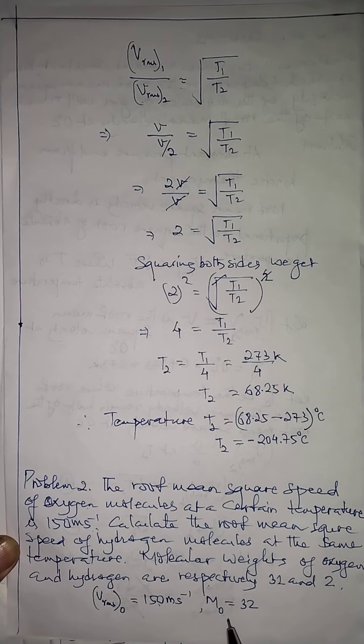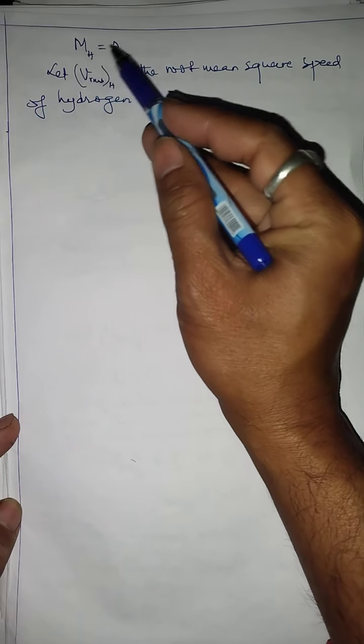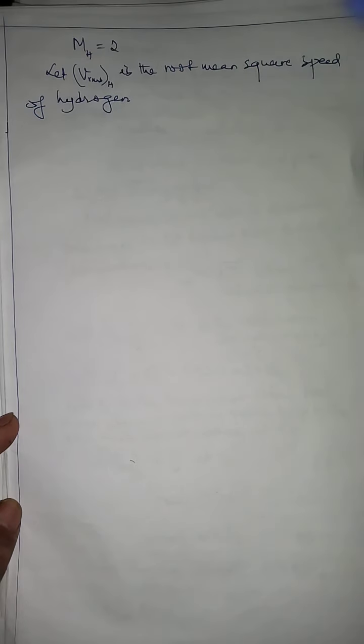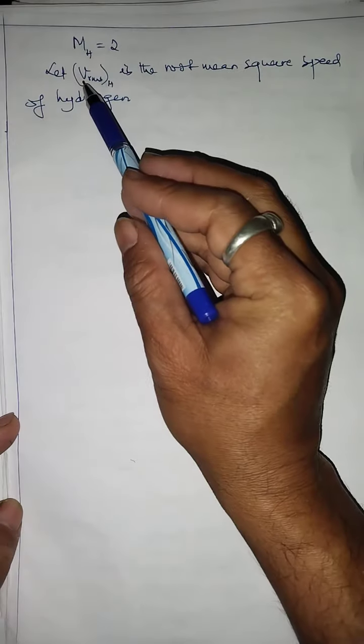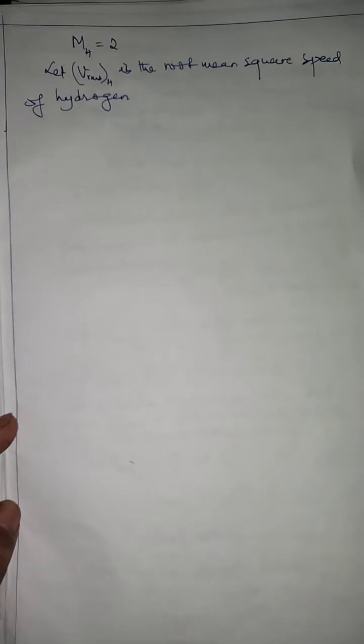Similarly, the molecular weight of hydrogen is given, that is 2, but we need to find the root mean square speed of hydrogen, so I consider VRMS H, where H means hydrogen.